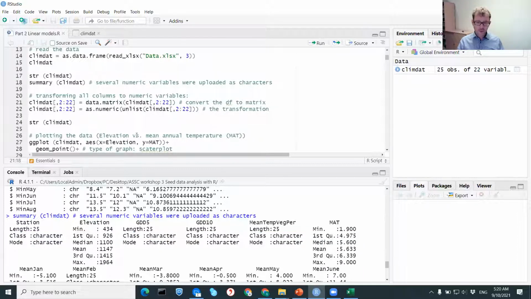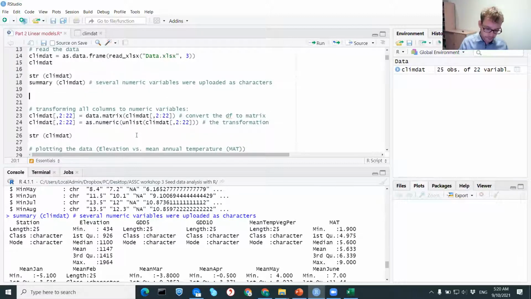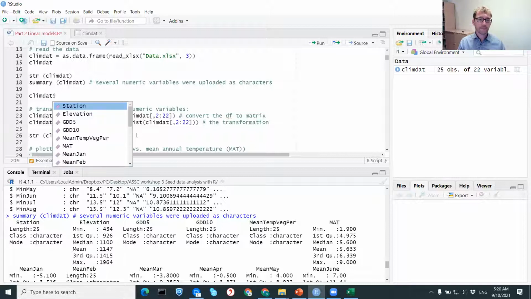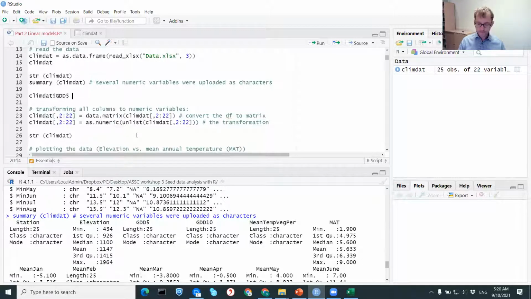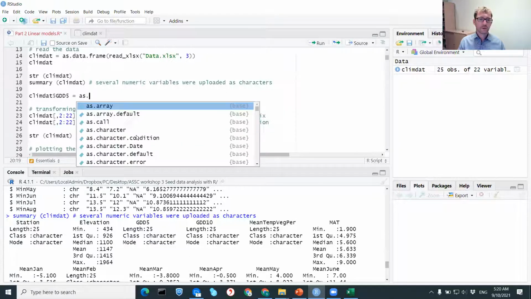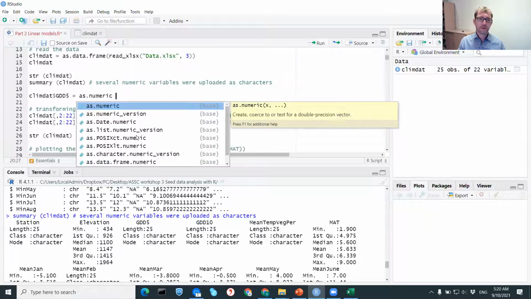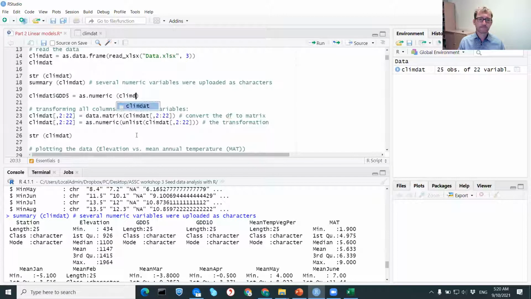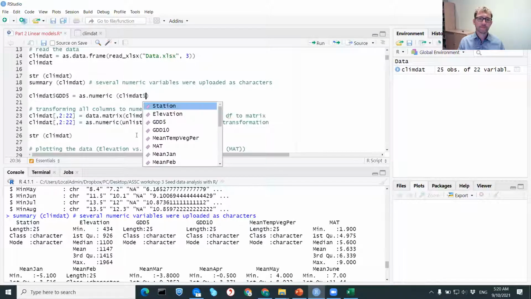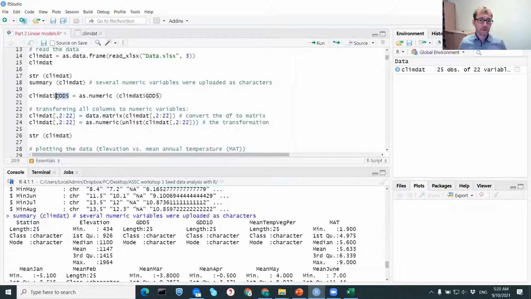So this is a very handy function for how to transform them. Probably Terry showed you, or if you're familiar with R, you know that there is this option: you can always change the character of your variables. So basically you're saying to R that I want this variable, which is a character, to be numeric.